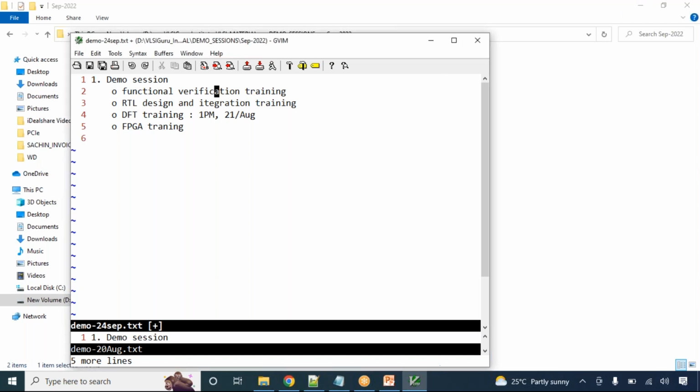So today's demo session is focused on majorly 4 aspects. We divide all the courses into 2 categories. One is the front-end domain courses. One is the back-end domain courses. If I have to list down the courses, there will be around 10 courses: FPGA, RTL, synthesis, STA, physical design, DFT, custom layout, functional verification.